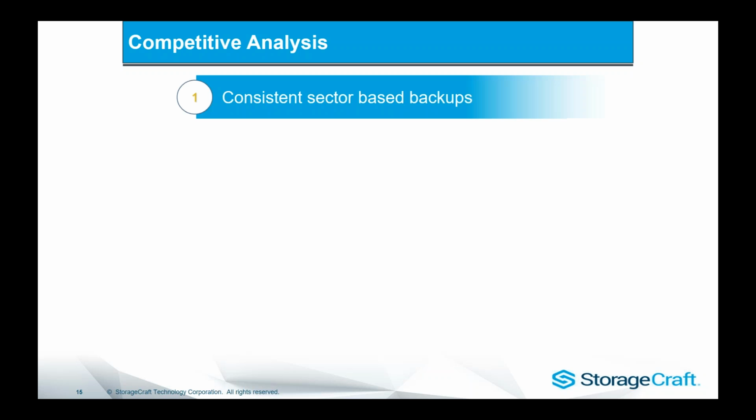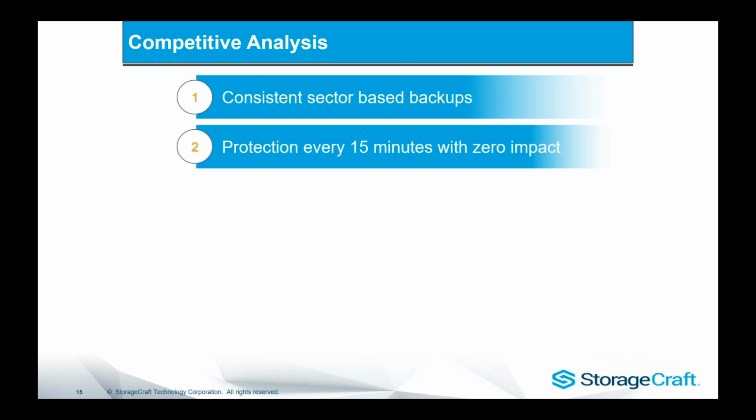Some of the key things with the solution are the consistent sector-based backups. ShadowProtect includes its own VSS provider, getting us consistent backups at a very small sector level rather than the block level, so we're getting very small compressed backups. We're able to back up every 15 minutes because of the in-guest snapshotting, which means we don't have any sort of stun or disruption to the VM.